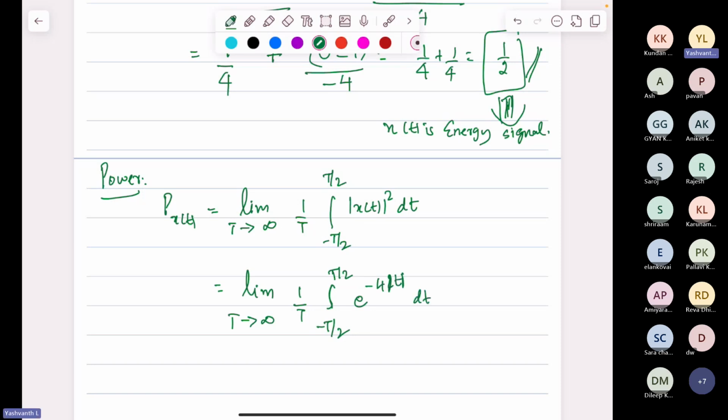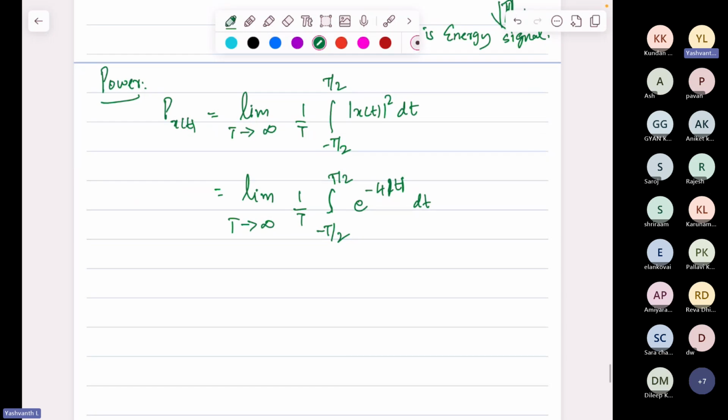But now the limit is only over minus T by 2 to plus T by 2. So this is the same as the limit as T tends to infinity of 1 by T times the integral from minus T by 2 to 0 of e power 4t dt, plus the integral from 0 to T by 2 of e power minus 4t dt.